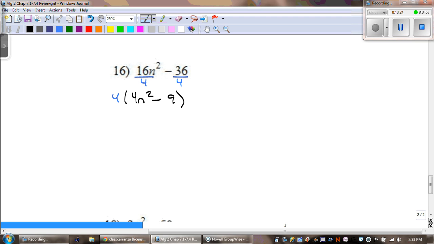Is it still a binomial? Yep. Is it subtraction? Yep. And can I square root everything? Yep. Everything's perfect squares inside. So the 4 stays out front. 4n squared, the square root of that would be 2n. We have a plus and a minus, and the square root of 9 is 3.